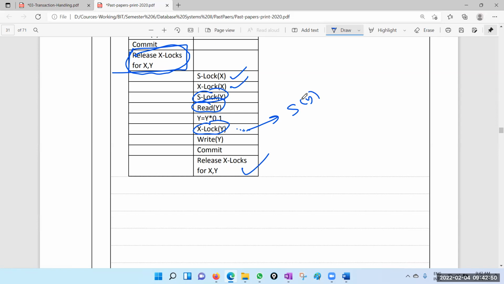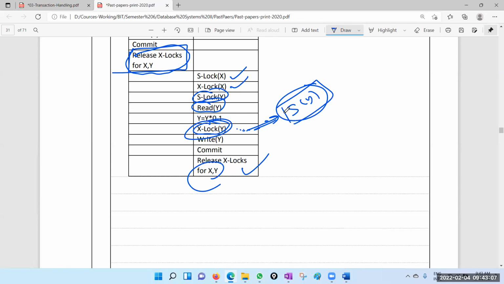But the examiner has not done any of those. He is not mentioning releasing here or here. So either you release everything here, or when you get this, you have to release the shared lock. That means lock upgrade. But unfortunately, the examiner has mentioned none.